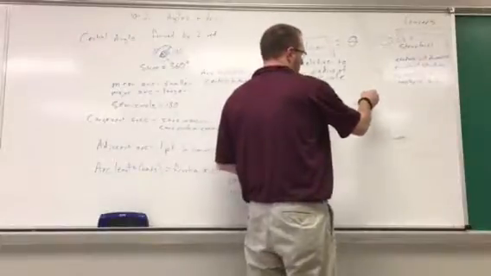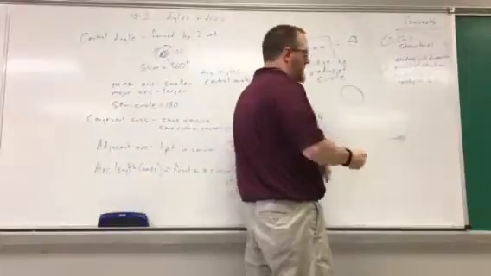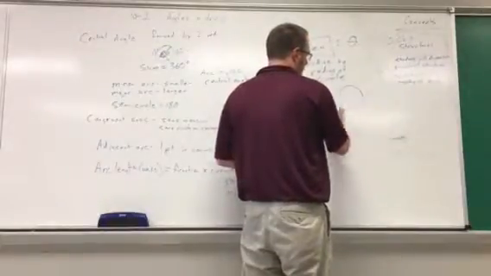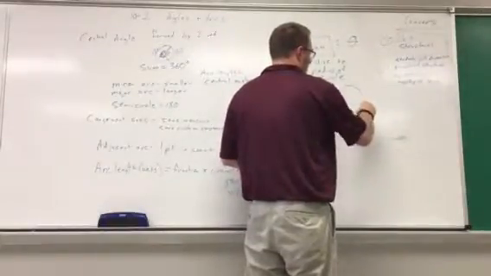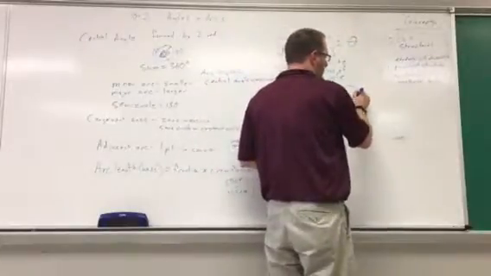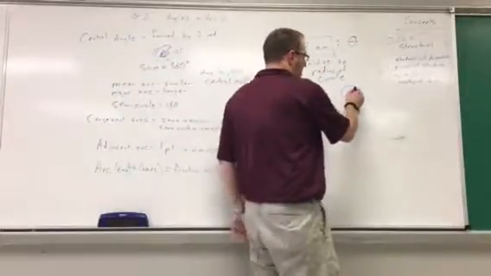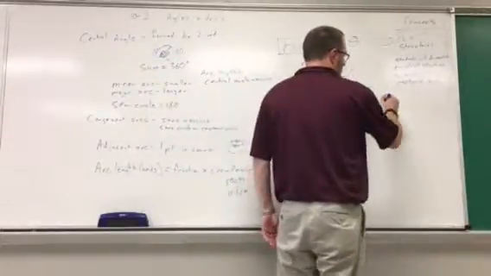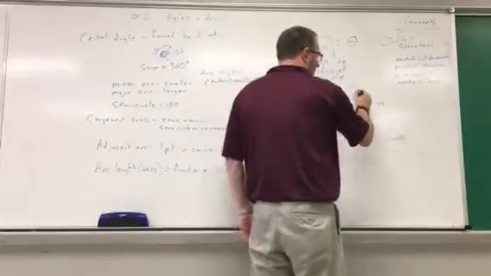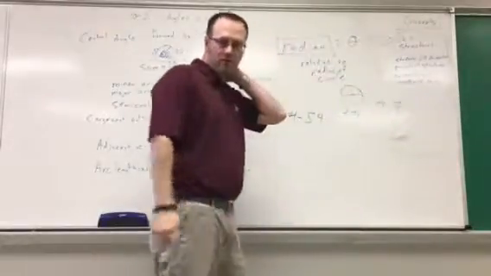So if we're going to measure the arc, if we have a circle like this, the whole circle is 2 pi radians, because we would take the radius of that circle and multiply by 2 pi to go all the way around. So half the circle would just be pi. A fourth of that circle would be pi over 2 radians.